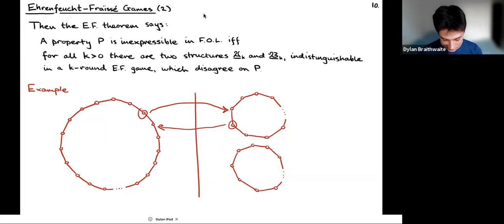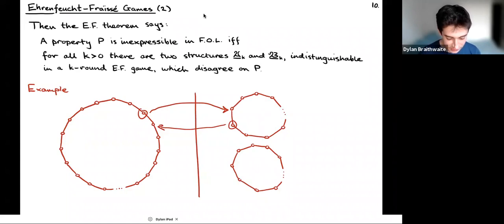It doesn't matter at this stage. The spoiler has to keep playing to try and show that these two things are different structures. But as long as these cycles are big enough, they locally look the same, and the spoiler will never be able to demonstrate that.